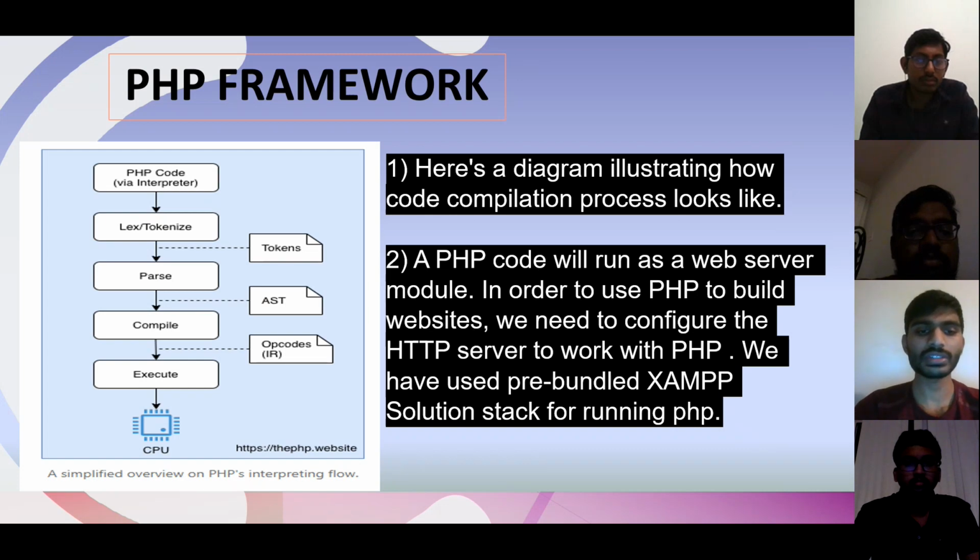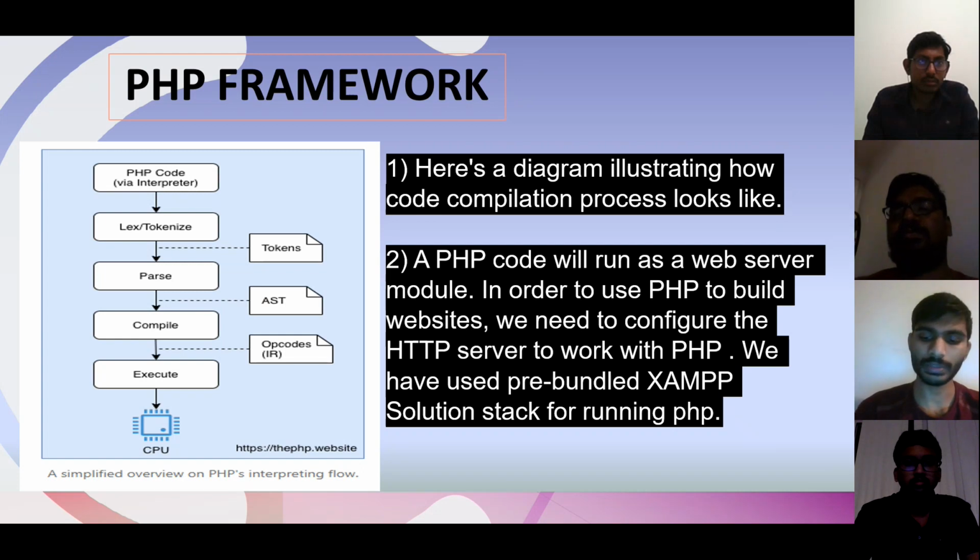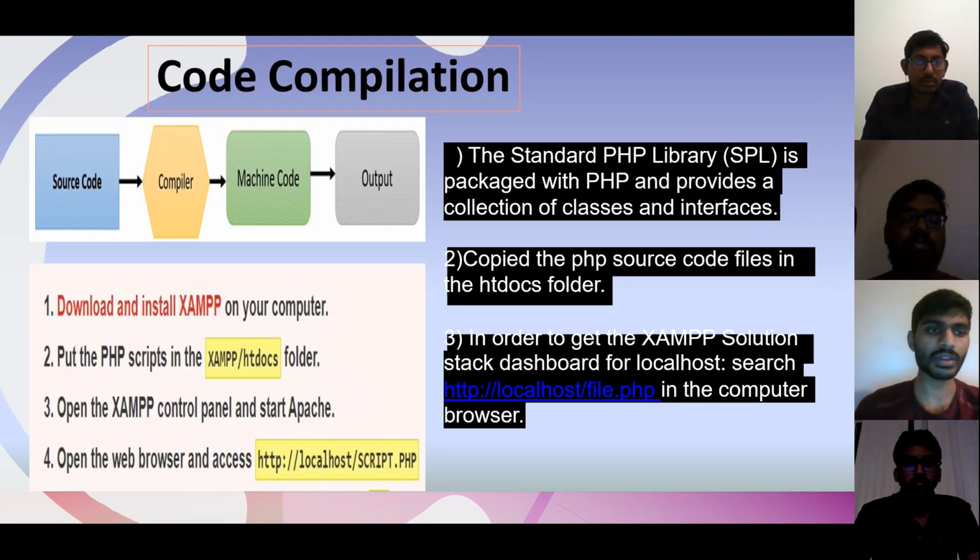In this machine code, there are opcodes. Opcodes contain addresses, and they will be executed by the CPU. There are some different elements which will integrate the opcode with user code. And this is the process of compilation.